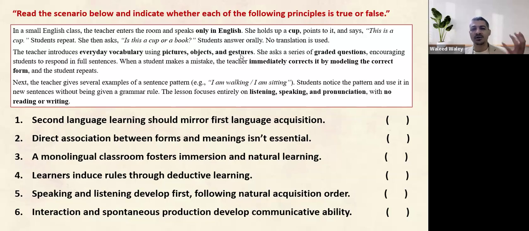So he tried to make a connection between the objects and the pictures and the form of the word itself. And the pictures, the objects, and the gestures will give the meaning. For example, he held the picture of a cup and said, "It's a cup."